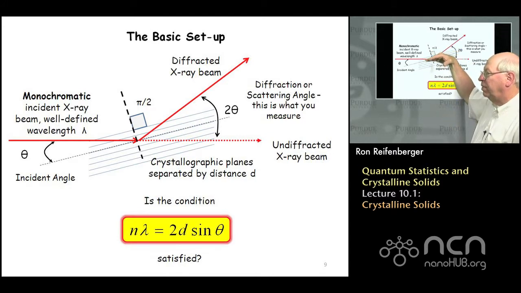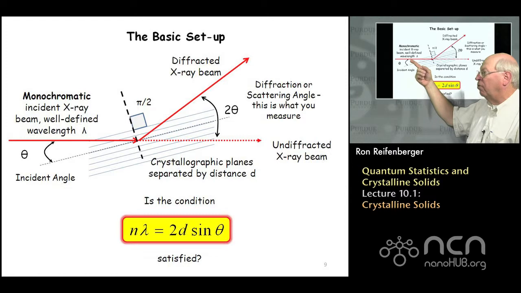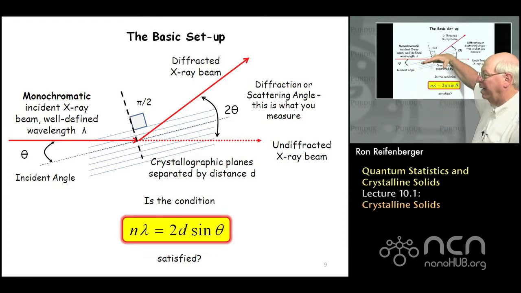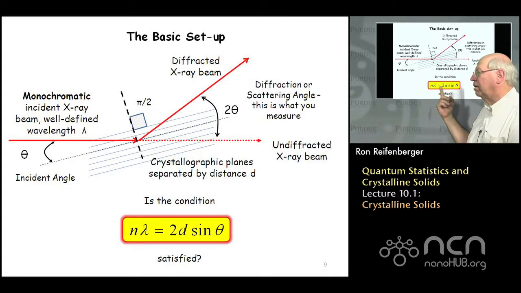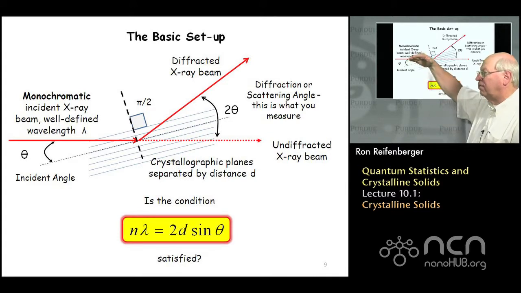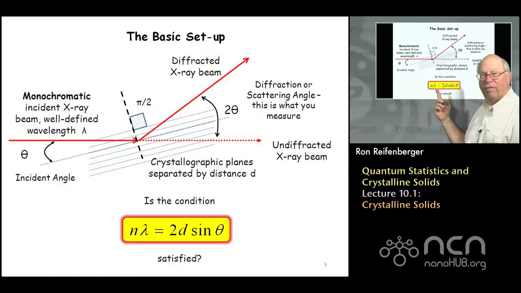The separation between these parallel planes is given the generic symbol d, and there's going to be some angle theta that's related to the orientation of these planes of atoms with respect to the incident X-ray beam. And the question is, is the condition n lambda equals 2d sine theta satisfied for this particular value of theta and for this particular wavelength lambda that we've chosen to do the experiment?